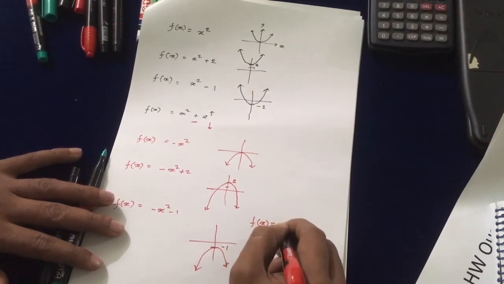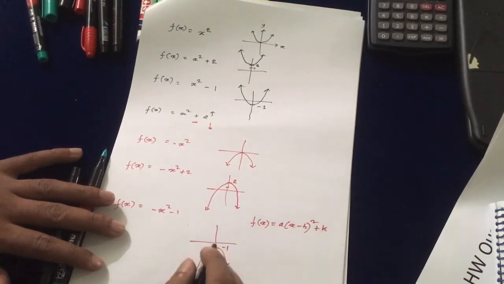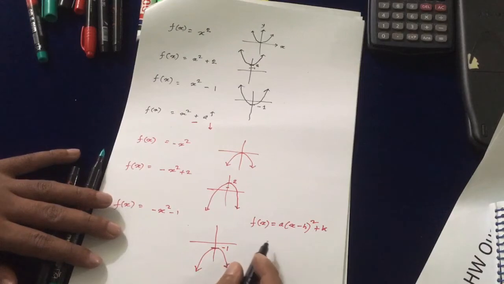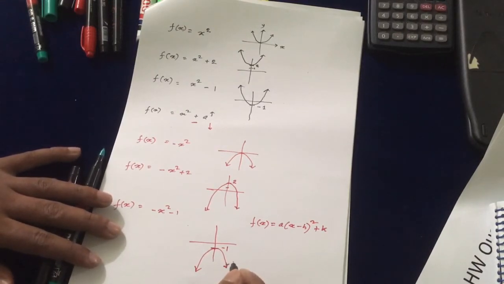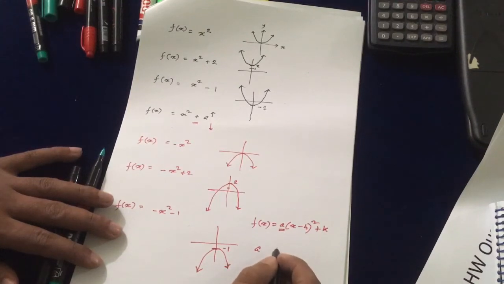Okay, and our main formula is a(x minus h) whole squared plus k. This formula actually will be used in most of the cases, which is the equation of a quadratic function in vertex form. For this number a, if a is positive, the graph becomes wider or compressed kind of.